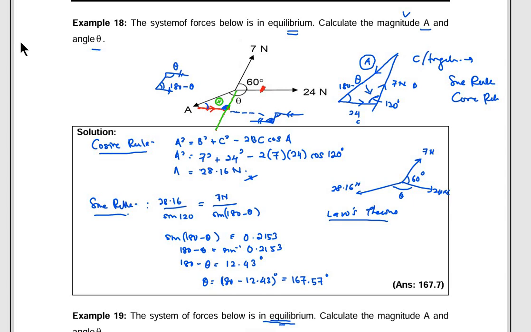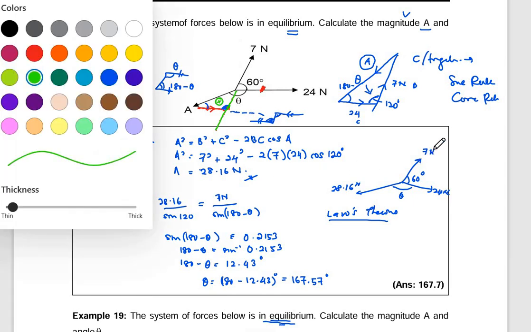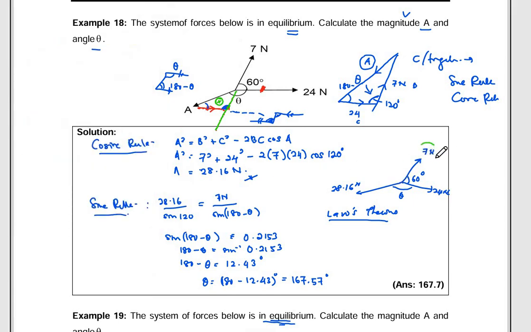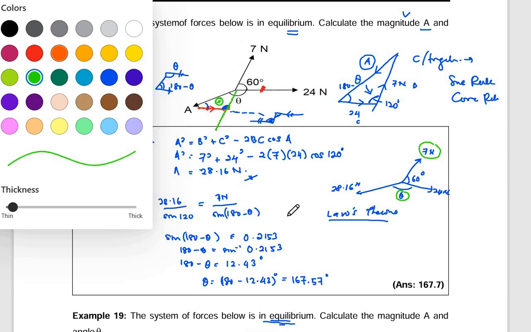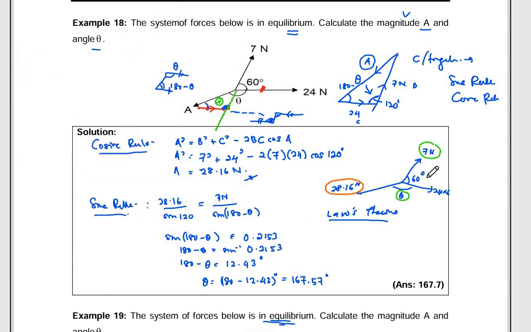Okay, theta ni dia setentang dengan 7 Newton. Okay, theta dengan 7 Newton. Okay, and then untuk yang satu lagi, sini ada 60, so kita boleh guna dengan 60 ni. Okay, contoh Lami's theorem saya buat.